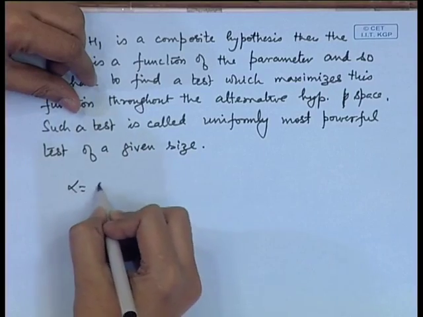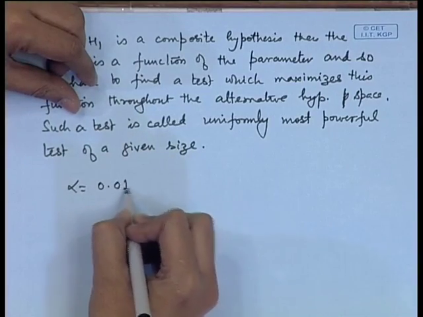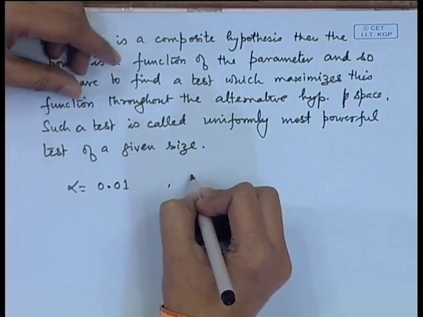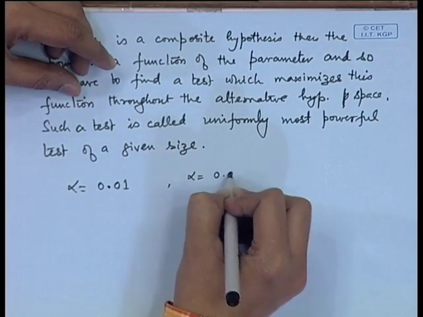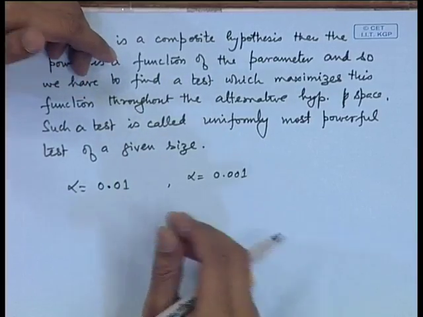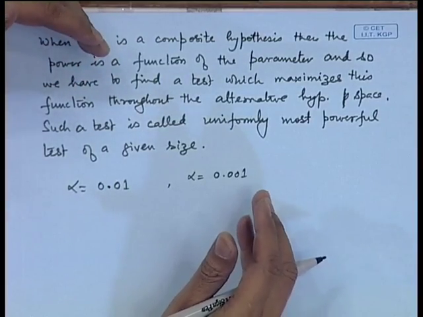So, we may decide to keep alpha at a very small level, say alpha is equal to 0.01, that means a 1 in 100 chance of error, or if we are even more careful we may put 0.001, that means a 1 in 1000 chance of error.